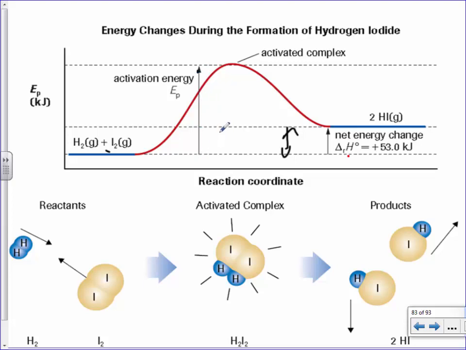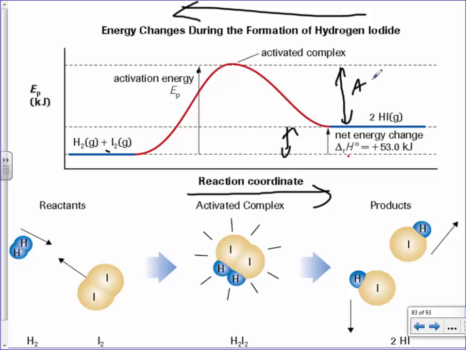Does that make sense? A side note I want to mention here, sometimes you might get asked about the activation energy for the reverse reaction. If going this way is the normal reaction, going this way would be the reverse reaction. What would the activation energy of the reverse reaction then be?